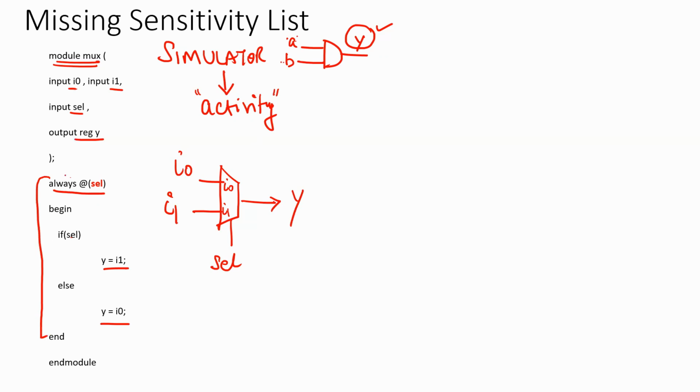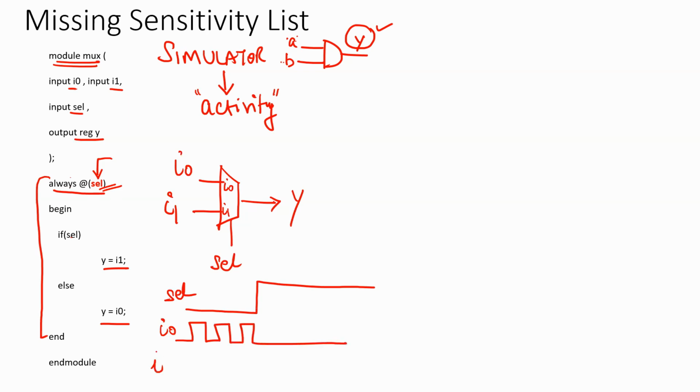Now the always block is getting evaluated only when the select is changing. If the select is not changing, the always block is not getting evaluated. That means, let us see. This is my select. My I0 is here. My I1 is here.